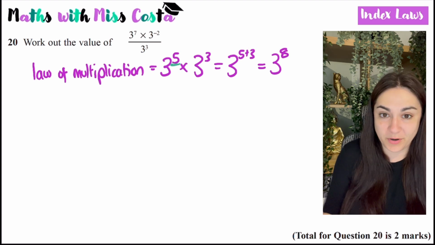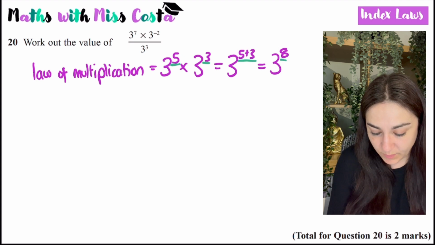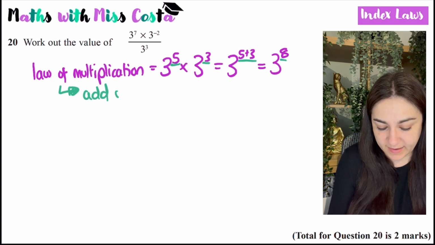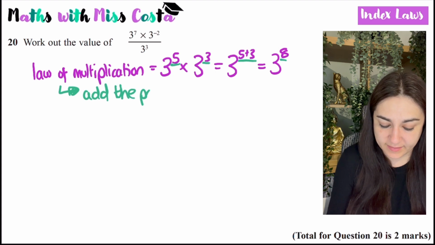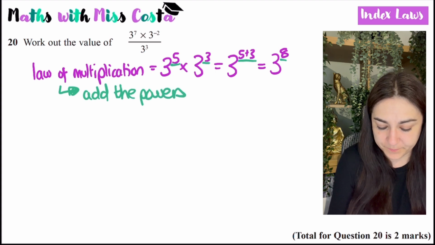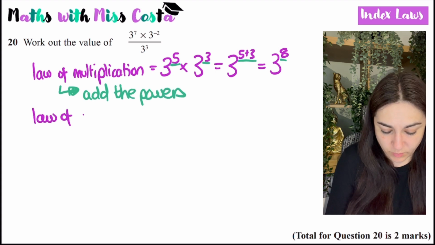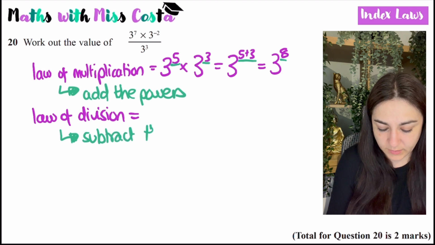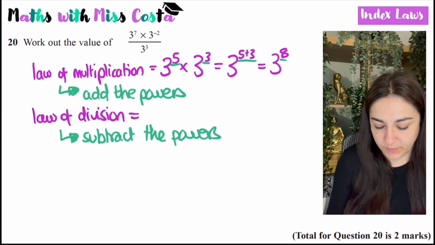So when you're multiplying indices, you add the powers. And then you've got the law of division, which is that you subtract the powers. So we're going to use both of these laws to help us work our way through this.